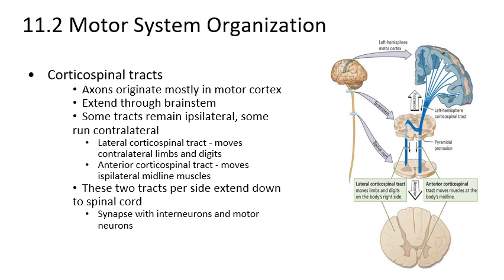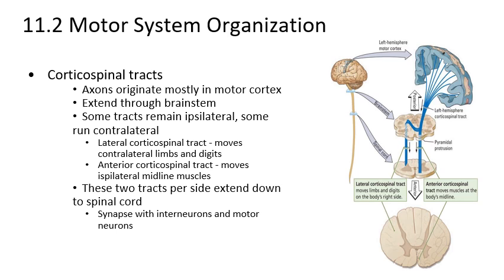So if they started in the right hemisphere, they would remain on the right side of the brainstem and the spinal tract, though a couple tracts run contralateral, so to the other side. Contralateral tracts are responsible for contralateral limbs, arms and legs, as well as digits, fingers and toes. Anterior corticospinal tracts move ipsilateral midline muscles, so kind of the core body muscles.